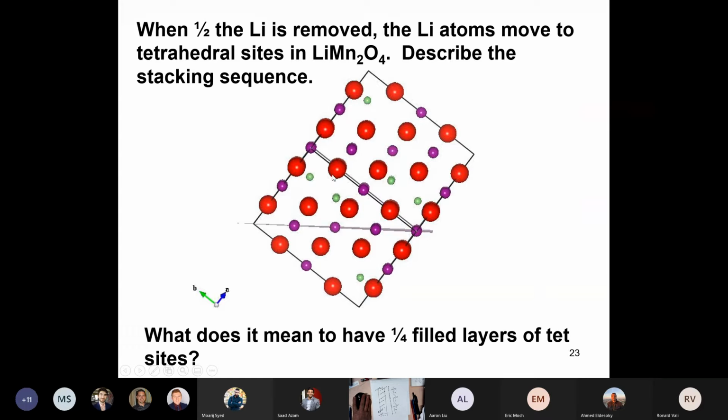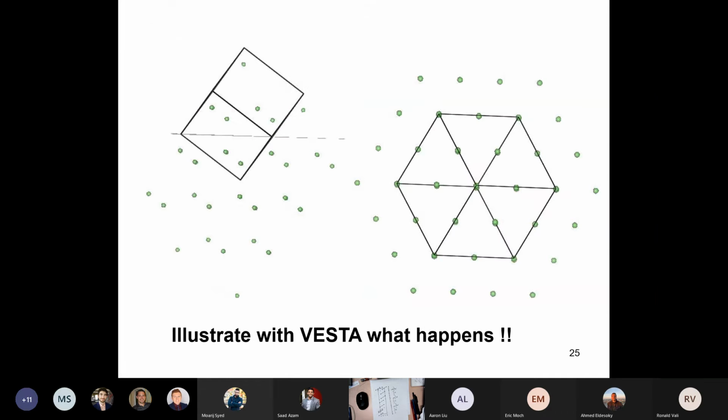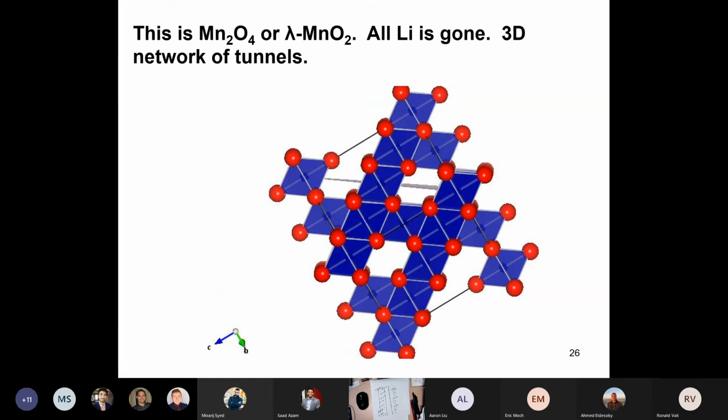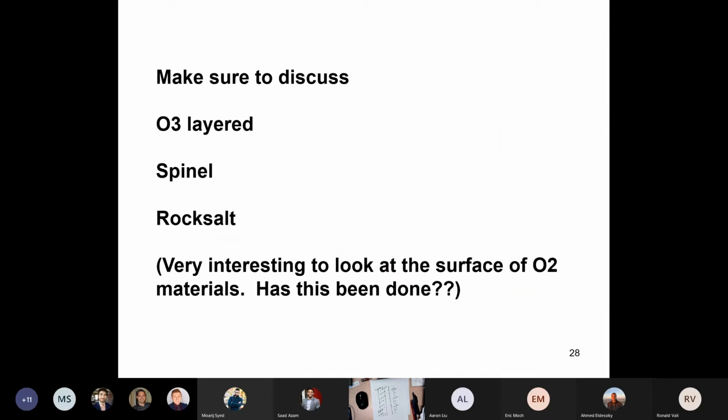So these 3 are part of the 4 that form the tetrahedron. The 4th one is just kind of hiding back behind this guy, or maybe it's hiding behind this guy. It's hard to be sure. We've seen that. This is what it looks like with all the lithium gone. Another picture of all the lithium gone.